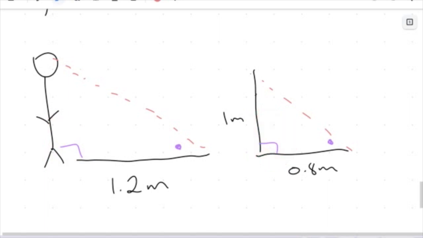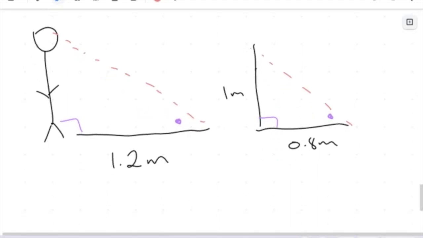Okay, so now we want to actually see why these are similar. Now, this is actually not too tricky because all the stuff we're already given in the question. You can see that I have a 90-degree angle in both triangles and another equal angle in both triangles. So I have two matching angles that are equal. That means the third angle will also be equal. So I already have all of the information here.